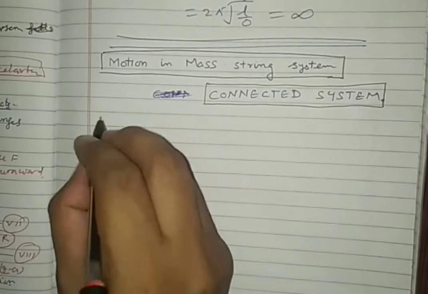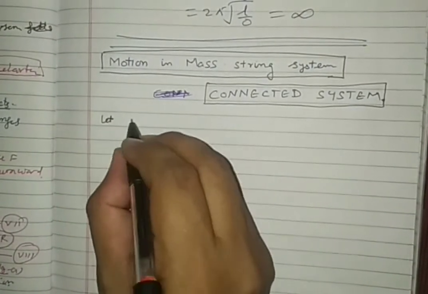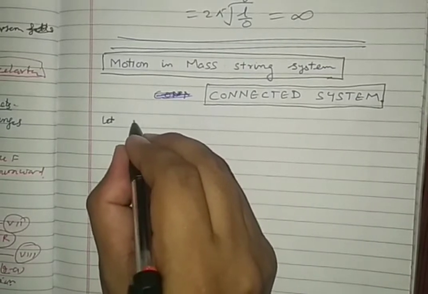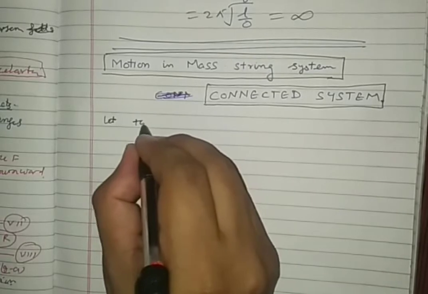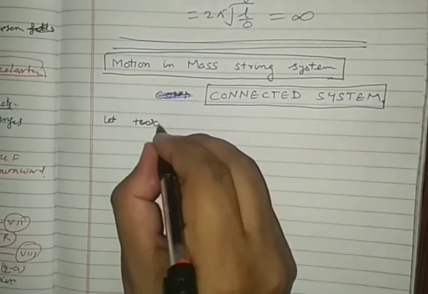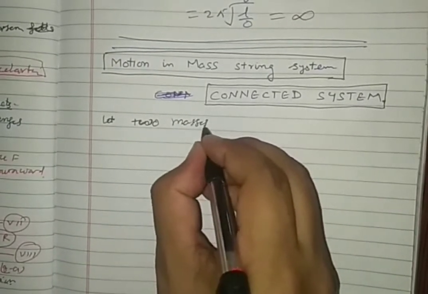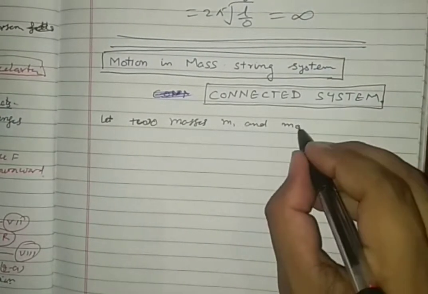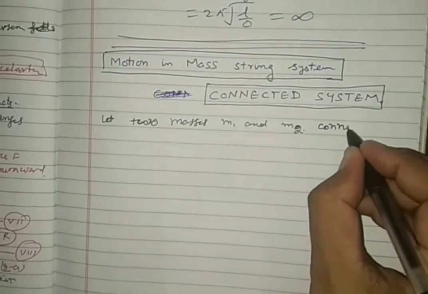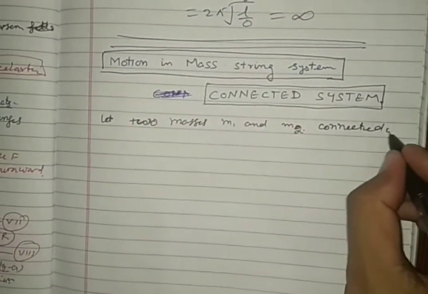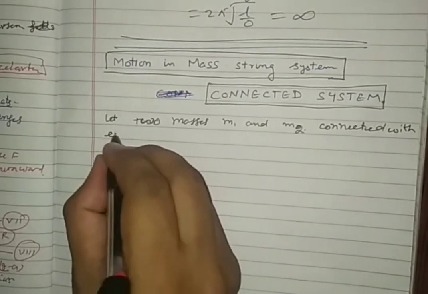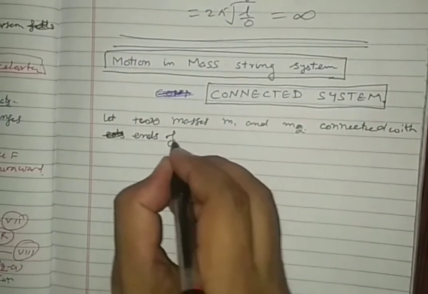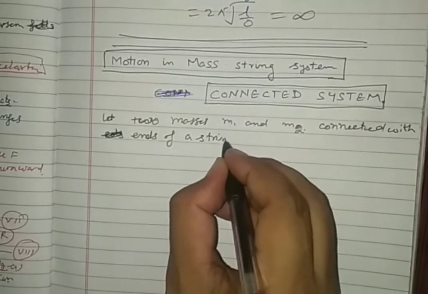For this, let us consider two masses, M1 and M2, connected with the ends of a string.